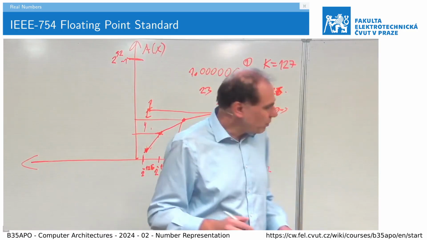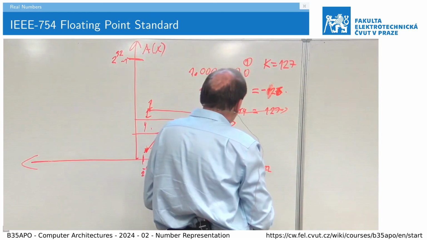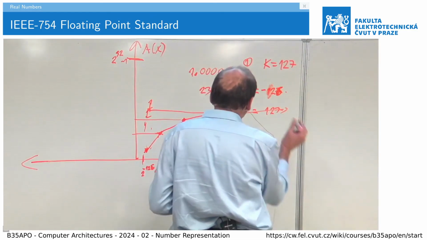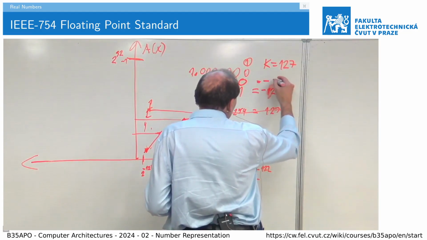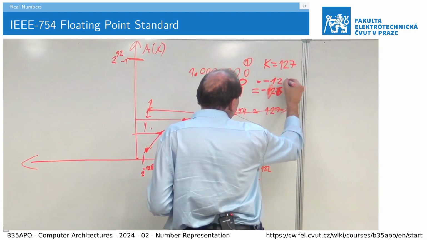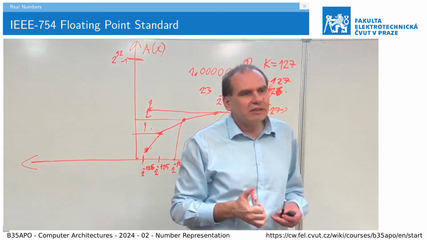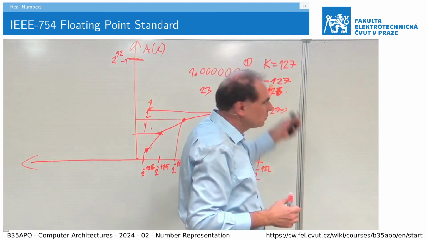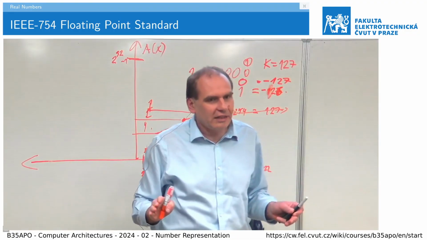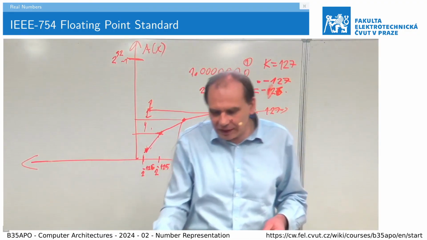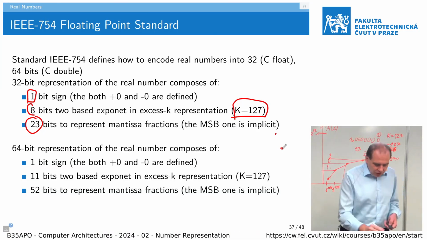So we need to add a special case. This is the reason why we keep the value representing 2 to the power 127 as a special case, and we define that if there is this value and the mantissa is 0, it is an absolute 0, and we lose the rule that we have to keep the hidden 1. Okay, so that is for 32-bit.